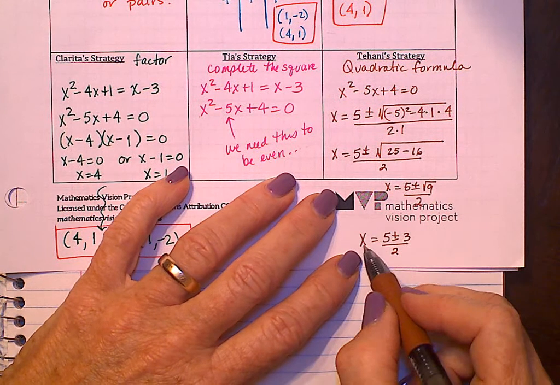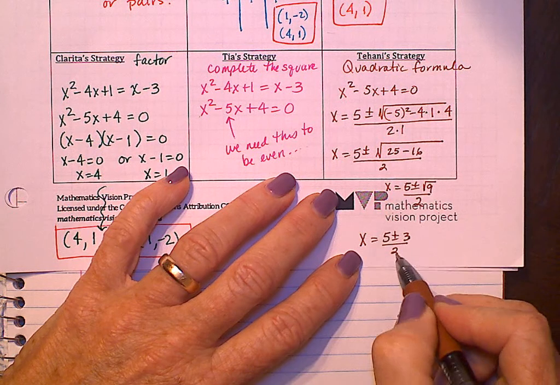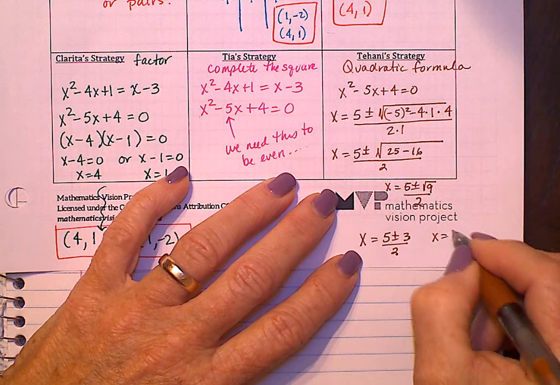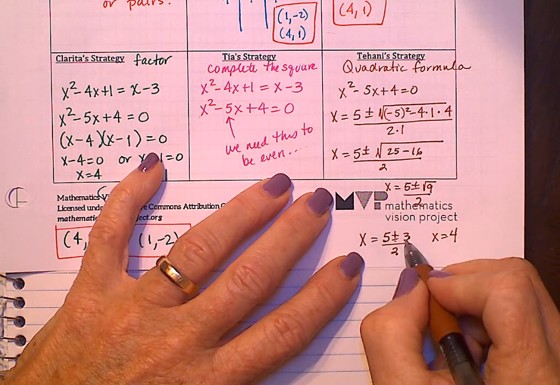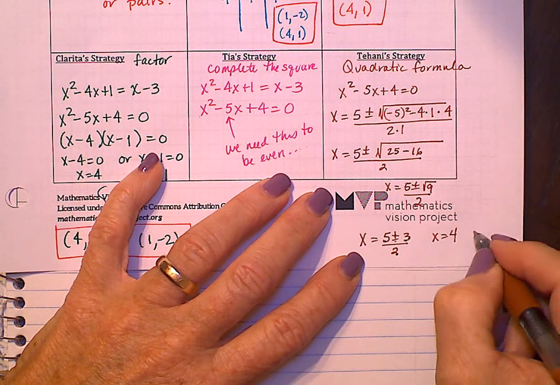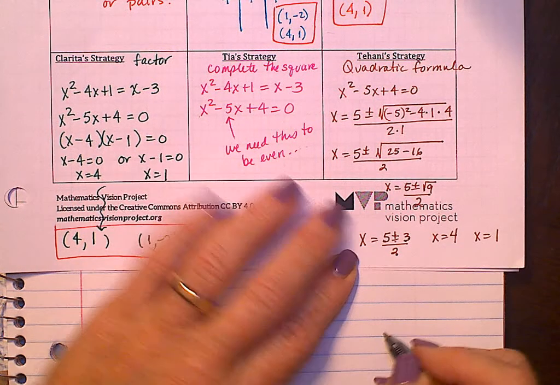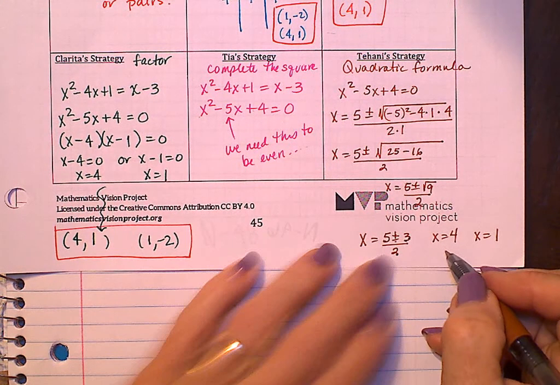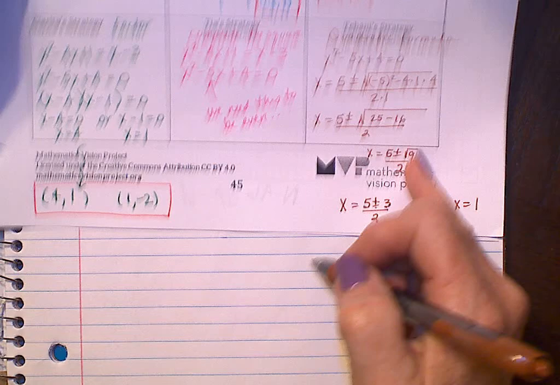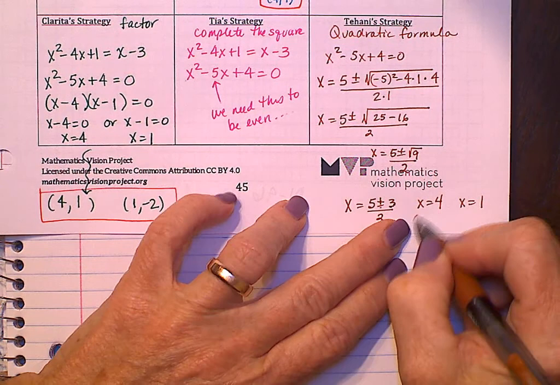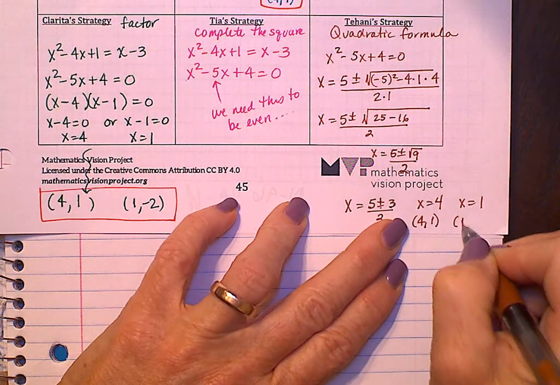And we have 5 plus 3, which is 8 divided by 2, or 4. And then we also have 5 minus 3, which is 2 divided by 2. X is 1. And then by the same process that Clarita did over here, we'll take the 4 and the 1 and plug it back into the original equation, and we will get 4, 1, and 1, negative 2.